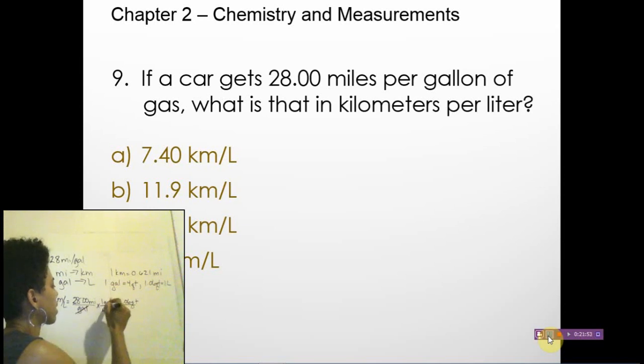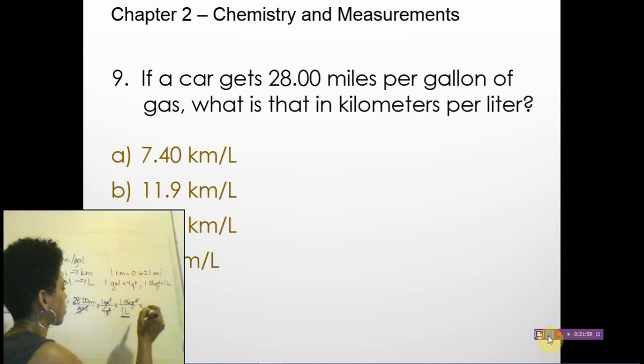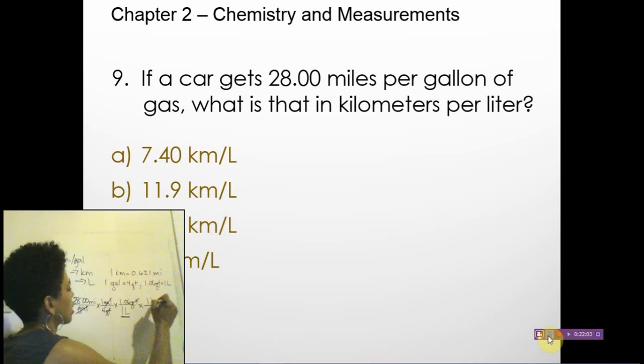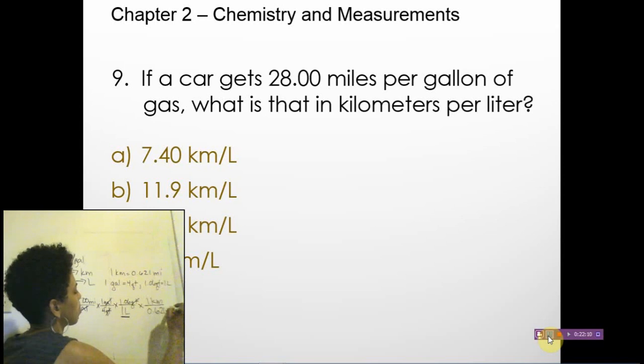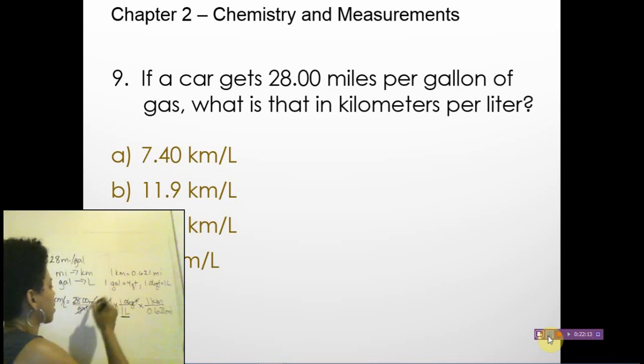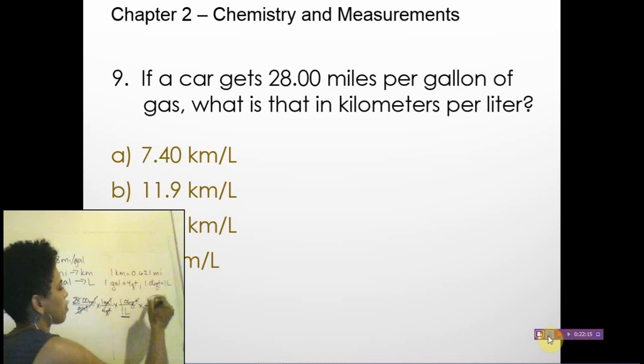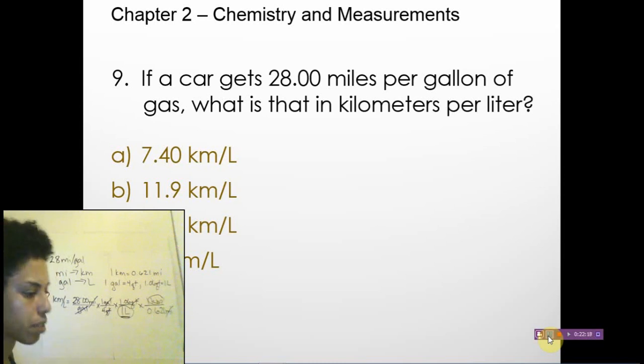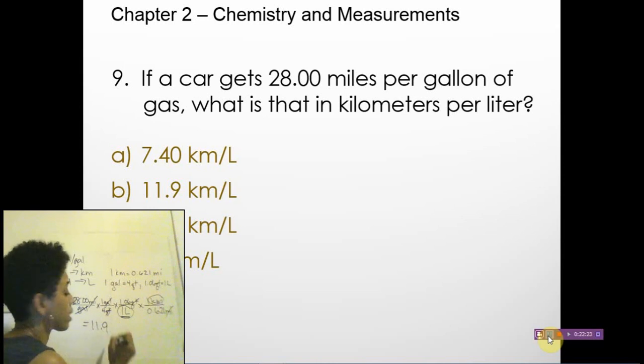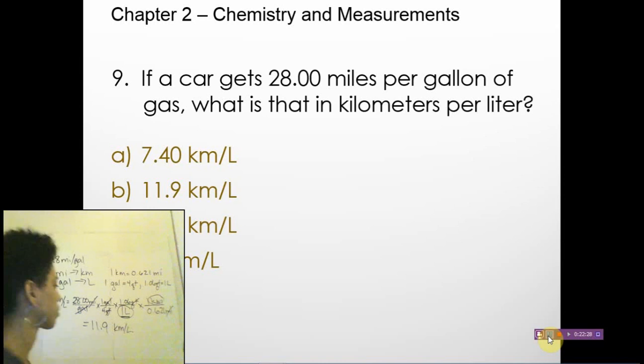So that gets rid of my gallons, gives me liters on the bottom. And now let's get rid of our miles. So I need 1 kilometer on the top, to 0.621 miles. Now my miles cancel out, and I'm left with kilometers over liters. So I get 11.9 kilometers per liter.